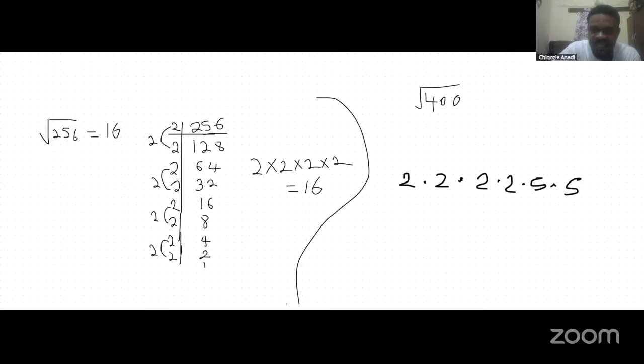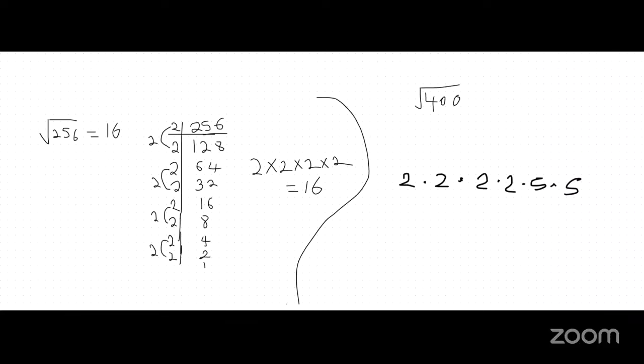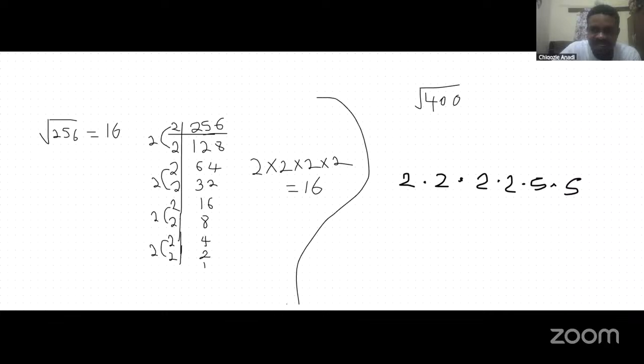Okay. So what do you do next? Multiply. No, if you multiply, you're still going to get the same answer, which is 400. Once you've divided, now you pair them, pair the numbers and pick one.